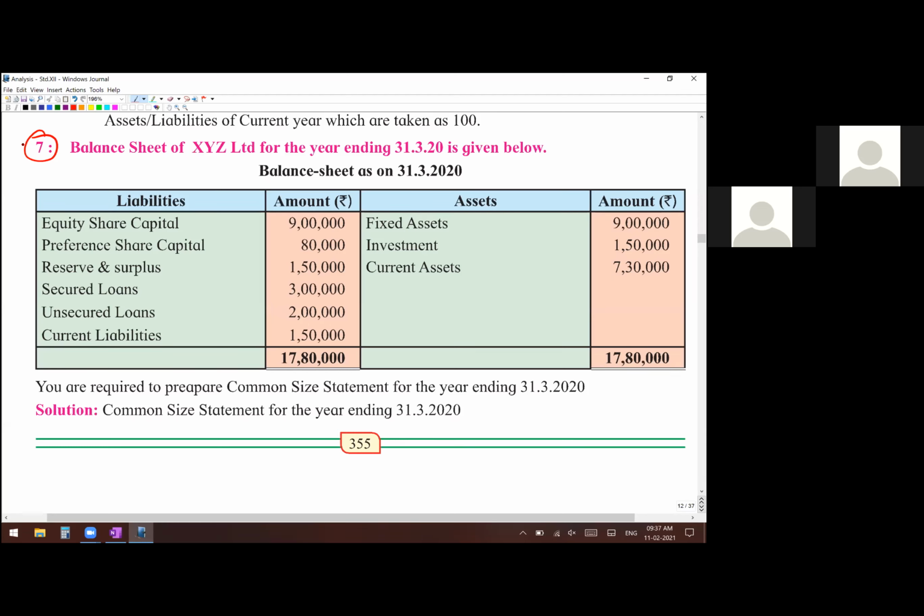Okay, let us first read and see what information is given, and then accordingly we will see what is required to be drawn. Balance sheet of XYZ Limited for the year ending 31st March 2020 is given below.